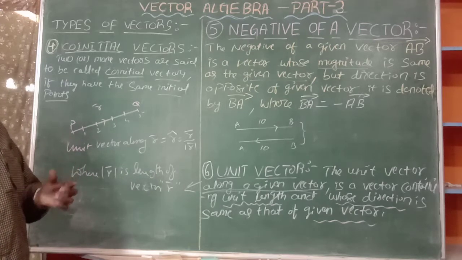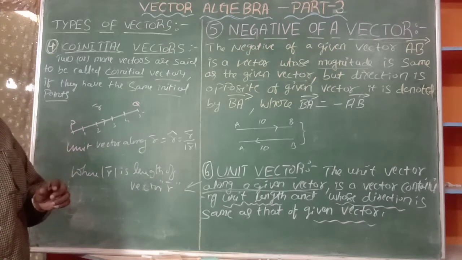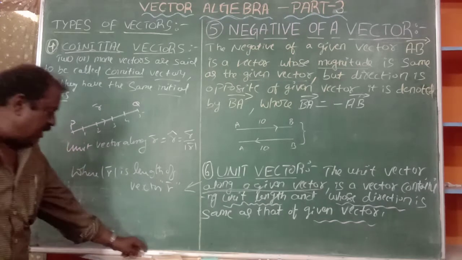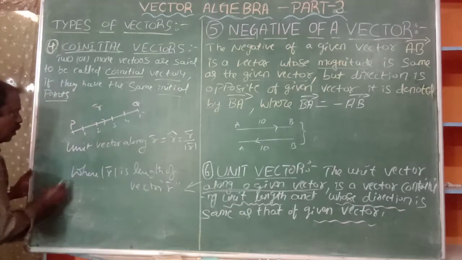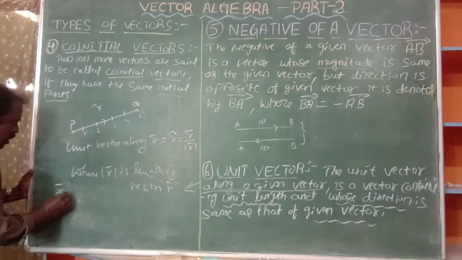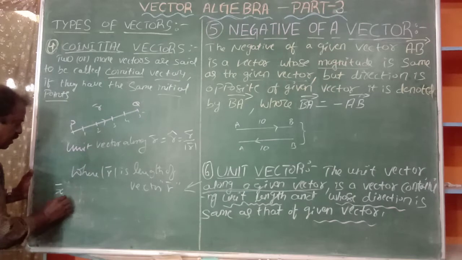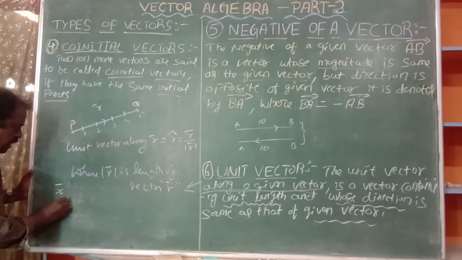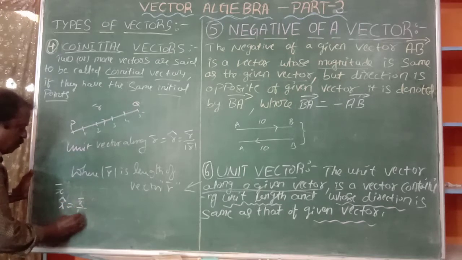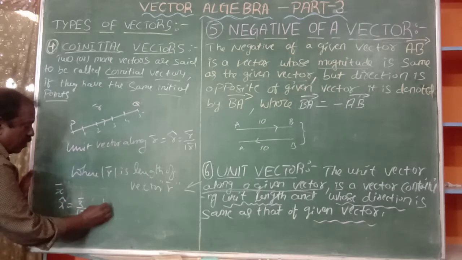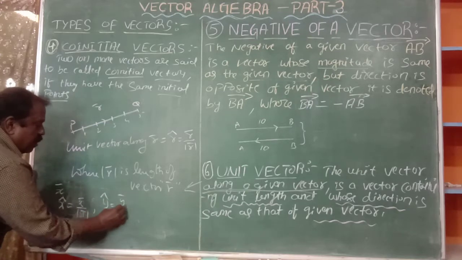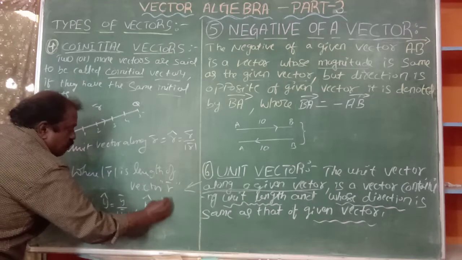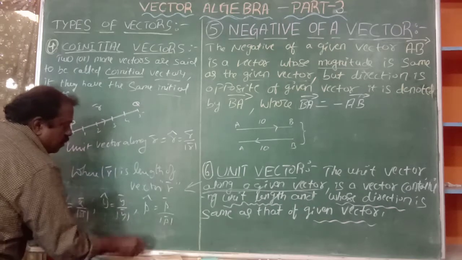A cap is its unit vector. A cap is equal to A bar by modulus of A bar. Like that. I will write here some more. Suppose X bar is a vector. Then X cap is the unit vector. X cap is X bar by modulus of X bar. Y cap, Y bar by modulus of Y bar. P cap is P bar by modulus of P bar.